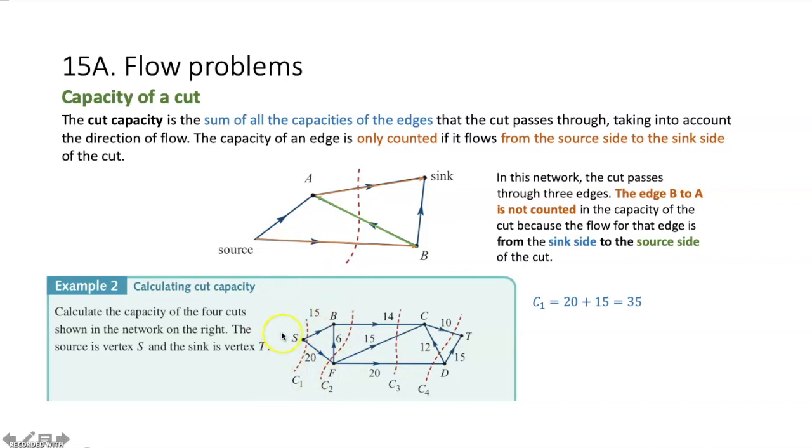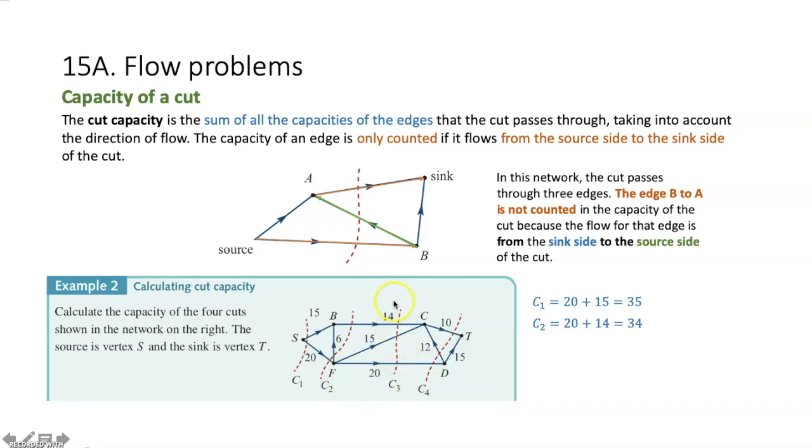Then cut 2 passes through 3 edges, but the second edge from F to B doesn't flow from the source to the sink. Therefore, we only count these 2 edges, 20 and 14. So the capacity for cut 2 is 34.